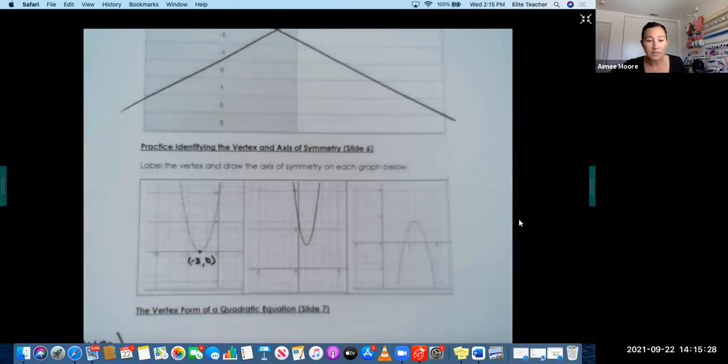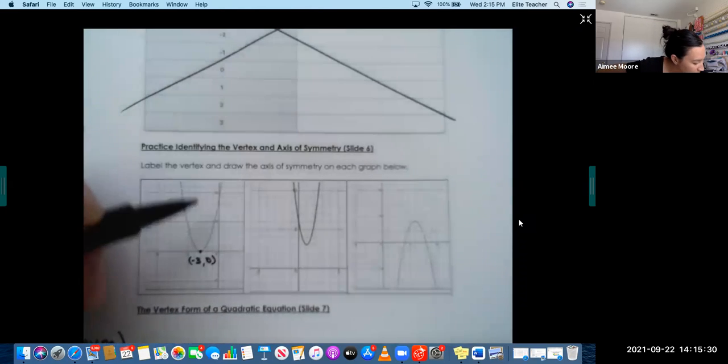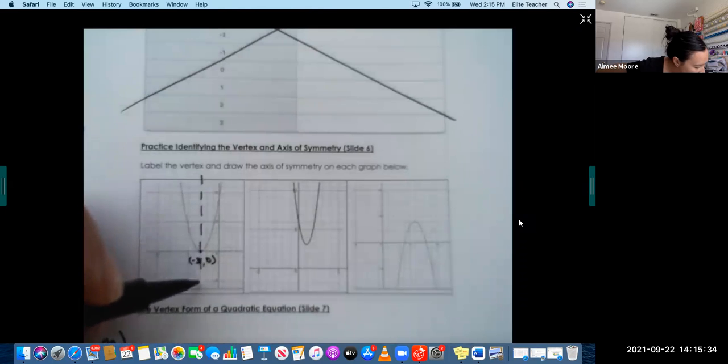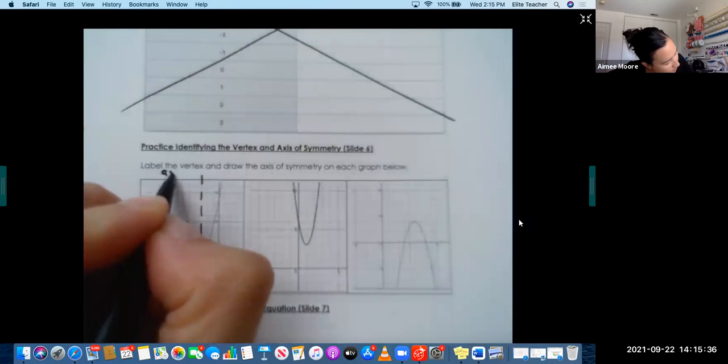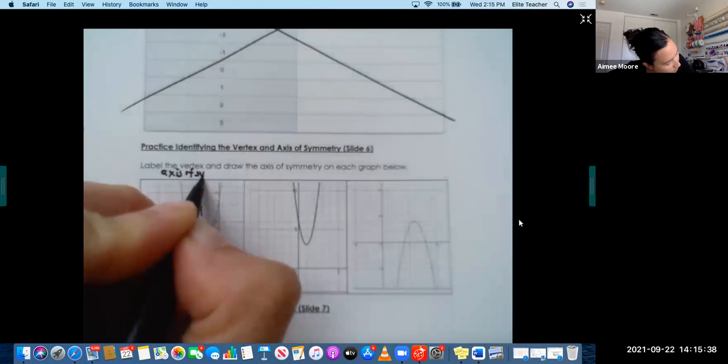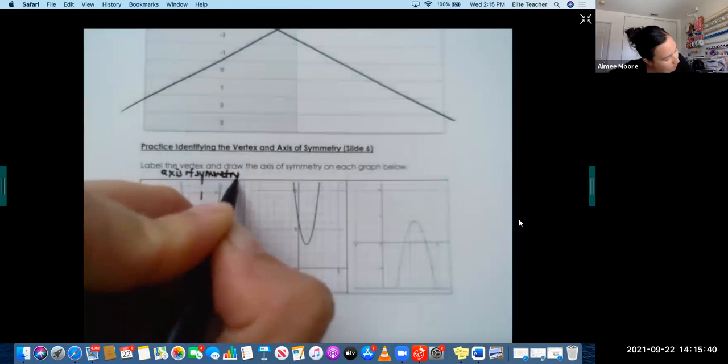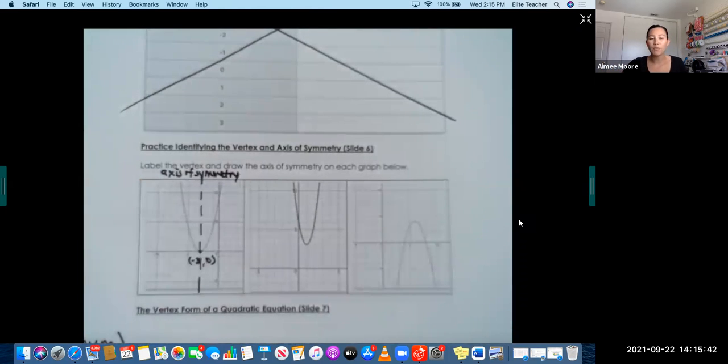And then the axis of symmetry, remember, it's the vertical line that goes through the vertex. So it cuts the parabola right in half and creates a mirror image. The left side of our axis of symmetry is a mirror image of the right side.